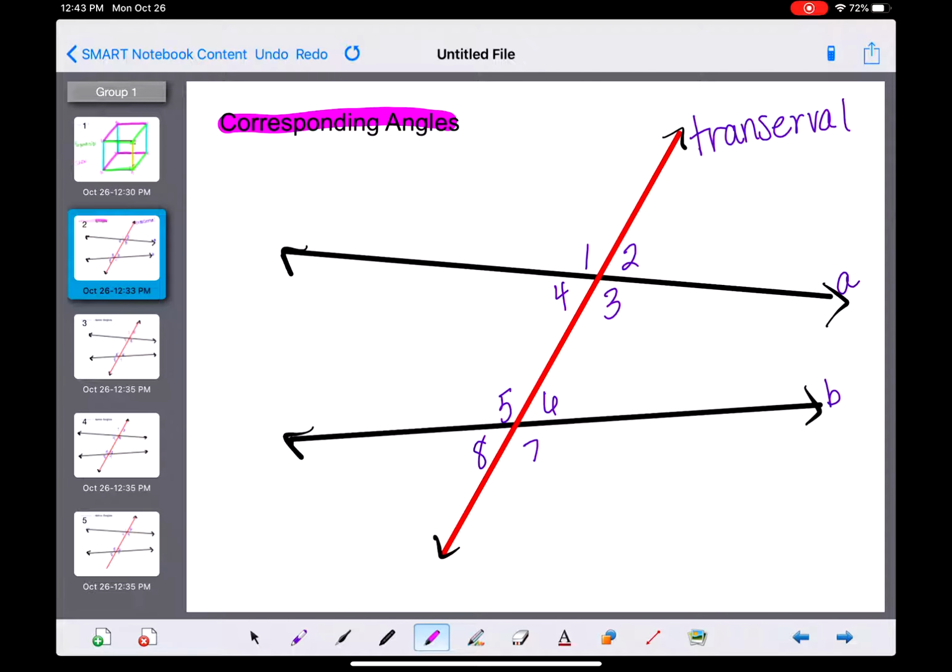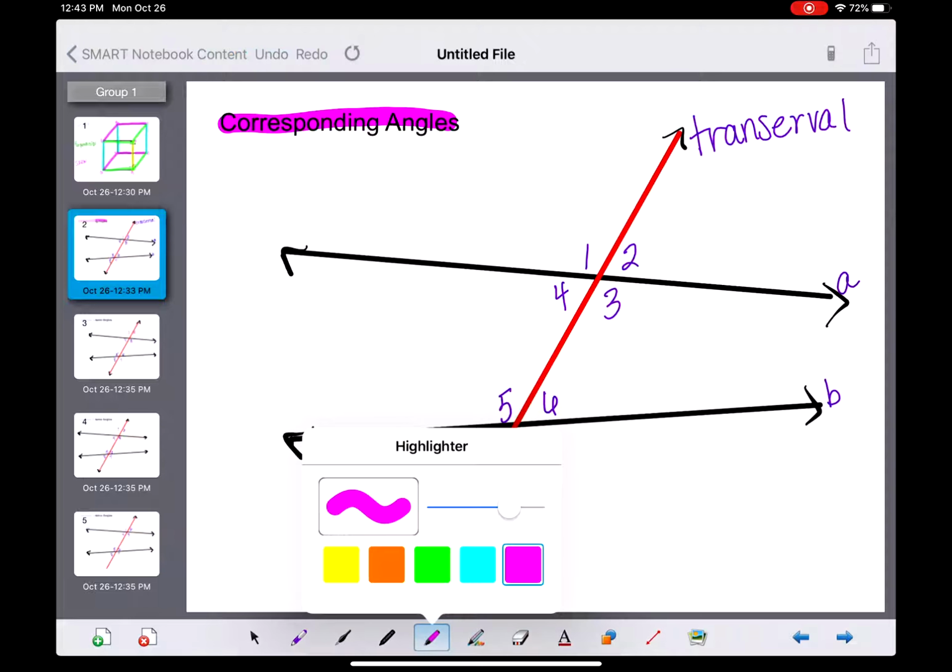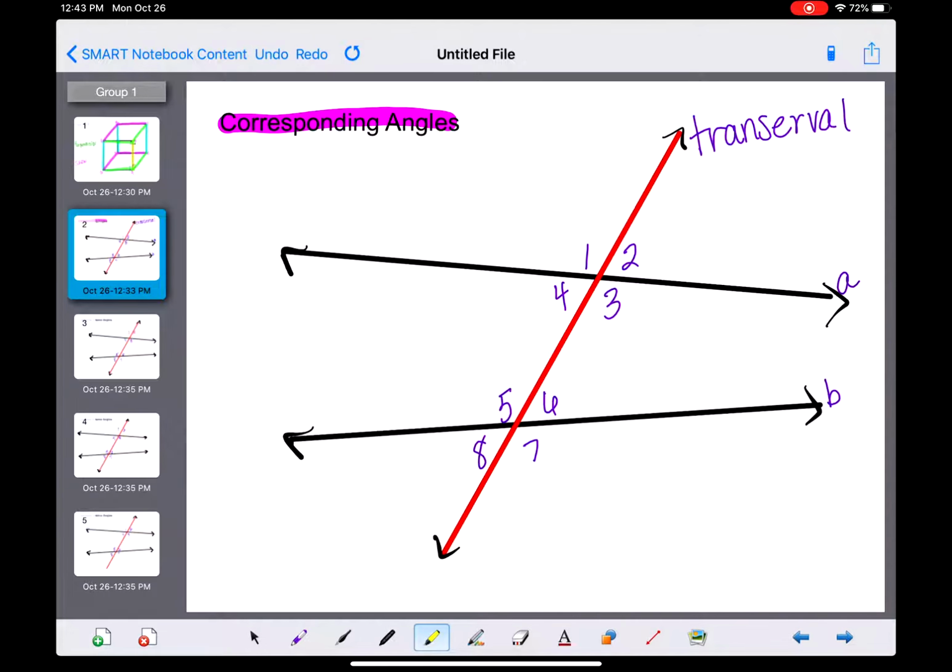Corresponding angles are within the same location. So what I mean by that is if I look at line A, in the upper left-hand corner is angle 1. For line B, in the upper left-hand corner is angle 5. Angle 1 and angle 5 is one set of corresponding angles. We have 3 more sets. Angle 2 for line A is in the upper right-hand corner. Angle 6 on line B is in the upper right-hand corner.